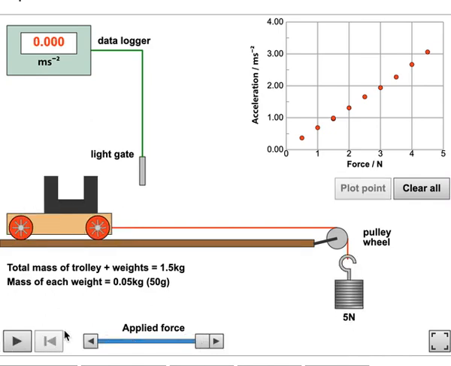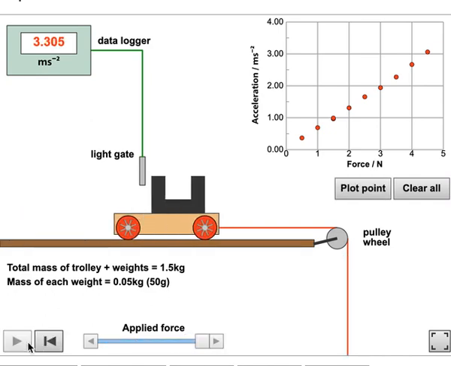Let's do the last one. 5 newtons is 3.305 meters per second squared. Okay, so if this was your required practical, you would repeat those results, and then you would try and make that a bit more accurate.